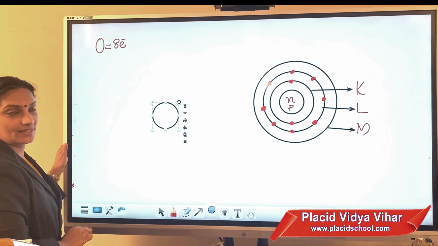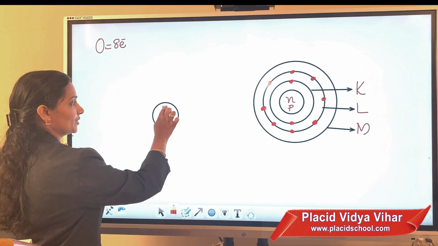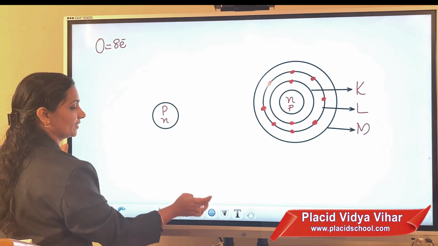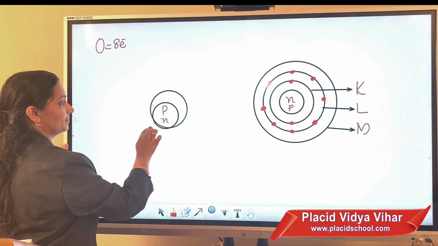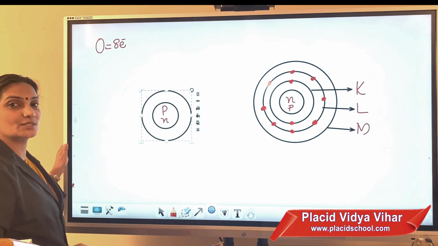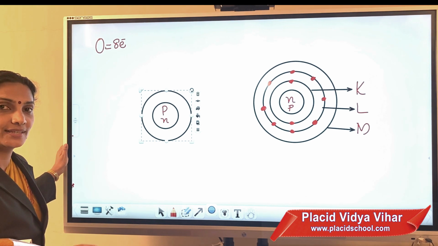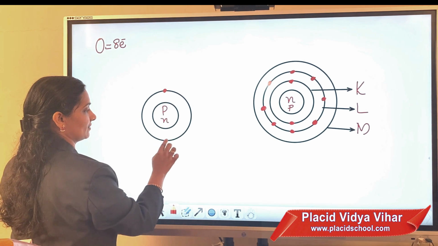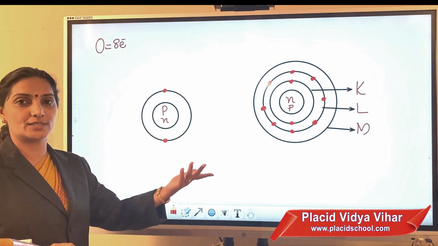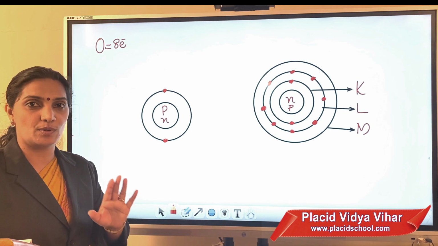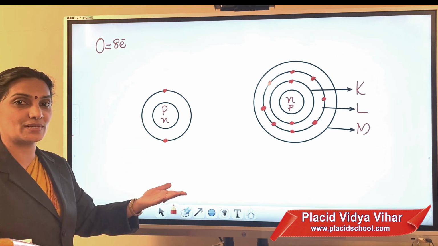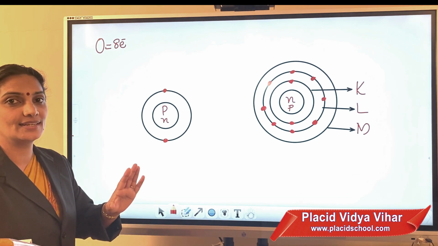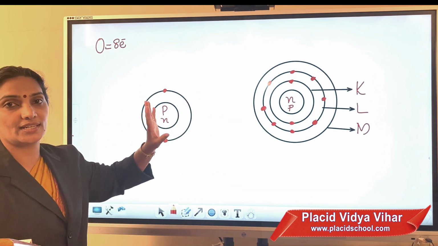This is the nucleus. The nucleus has protons and neutrons. Then the first shell. How many electrons can be present in the first shell? It is 2. How many more electrons remain in oxygen? 6 more. Where are these 6 electrons present? Is it in the K shell? No. It is present in the next shell, that is the L shell.